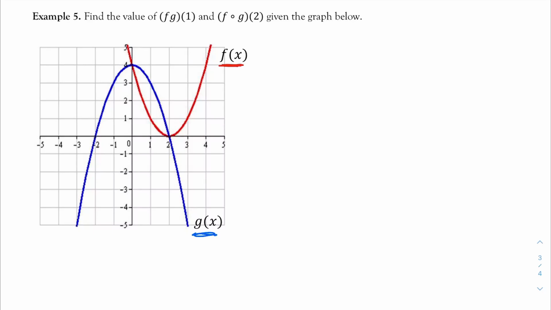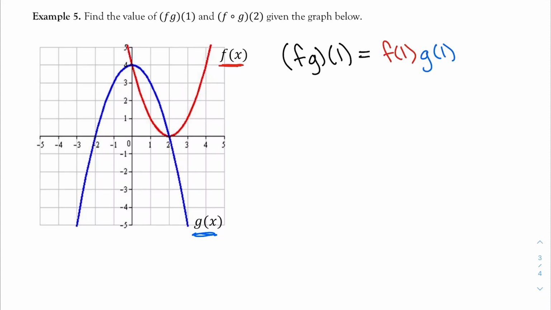So let's start off with the first one, f times g of 1. If I translate this, this should give me f of 1 times g of 1.